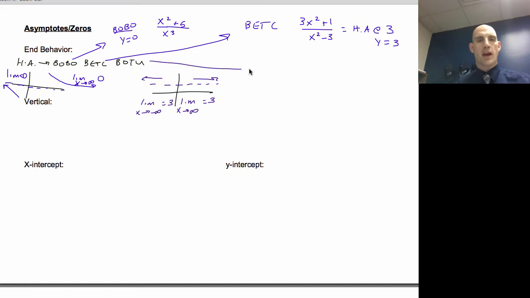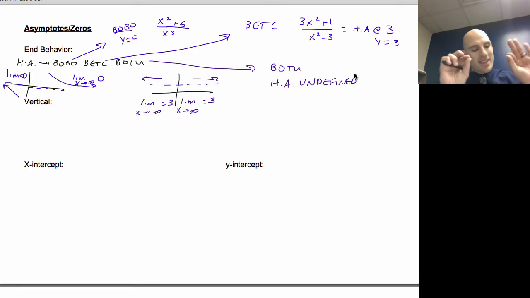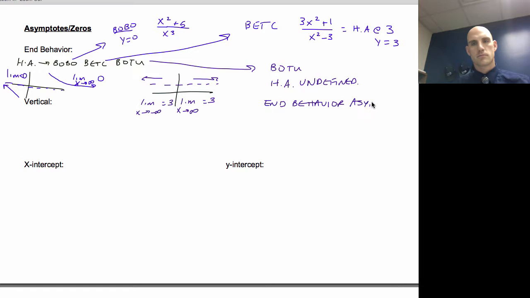These horizontal asymptotes tell me exactly where my limits are. But with the Bo2 case, our horizontal asymptote is undefined because there is no horizontal asymptote. So in this case, what I'm looking at is I have an end behavior asymptote. And my function looks something like an f of x over a g of x.